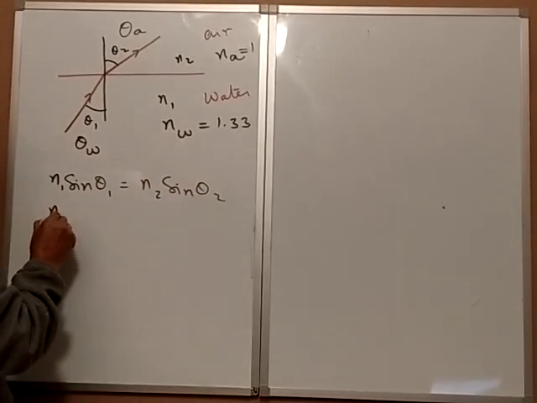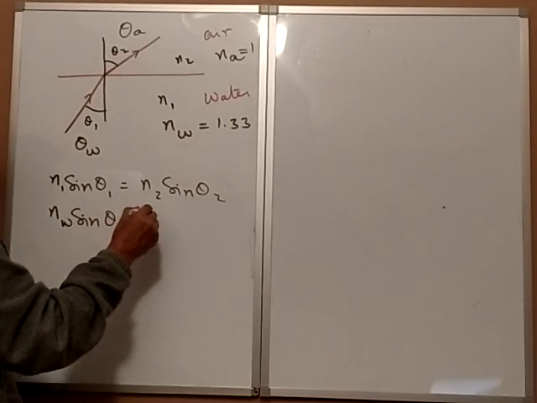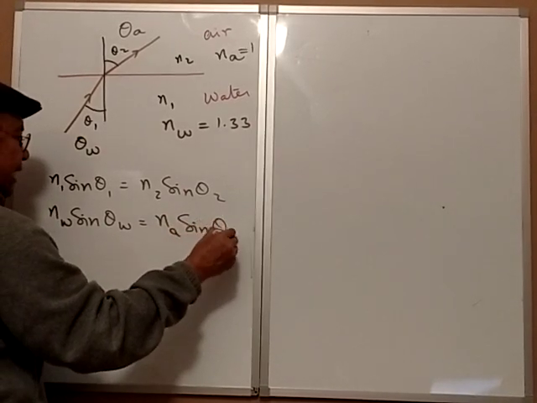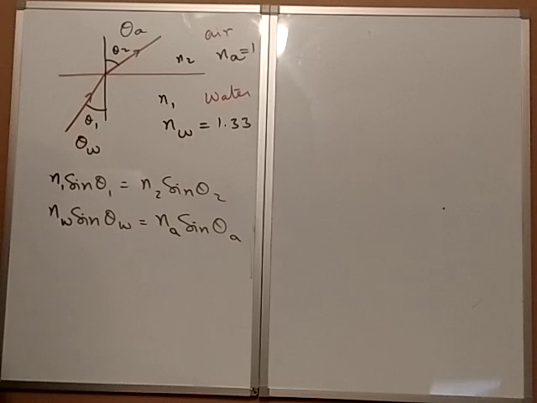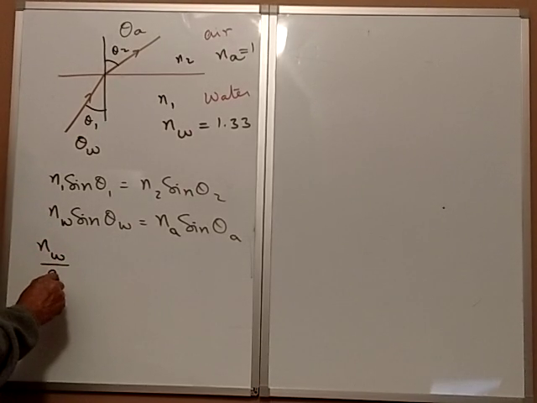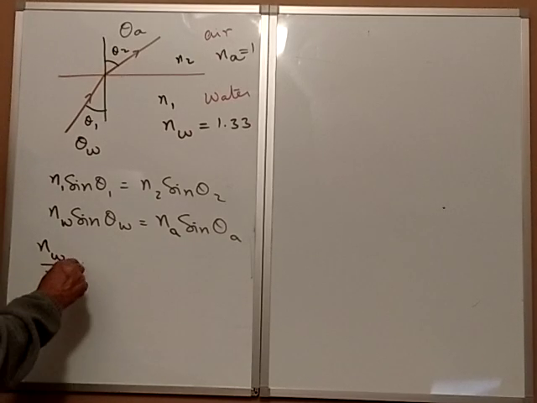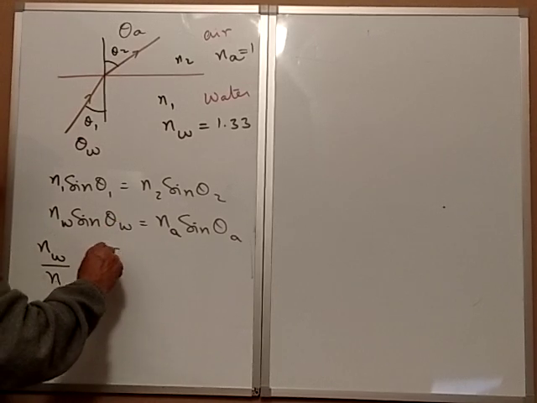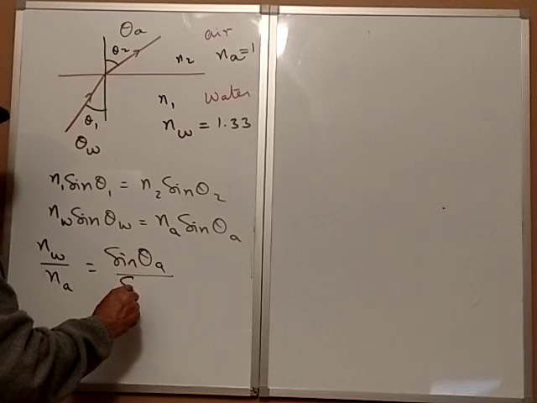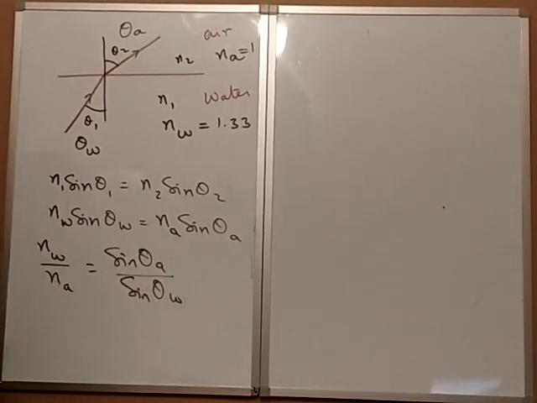So that is NW sine theta W is equal to NA sine theta A. We know NW is bigger than NA. This is sine theta A divided by sine theta W, just manipulation, just cross multiply.